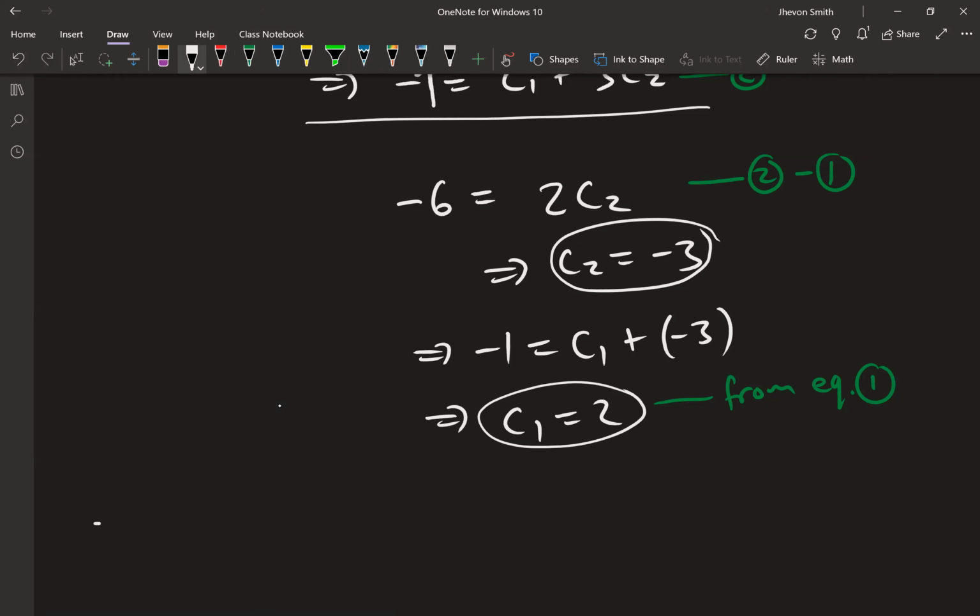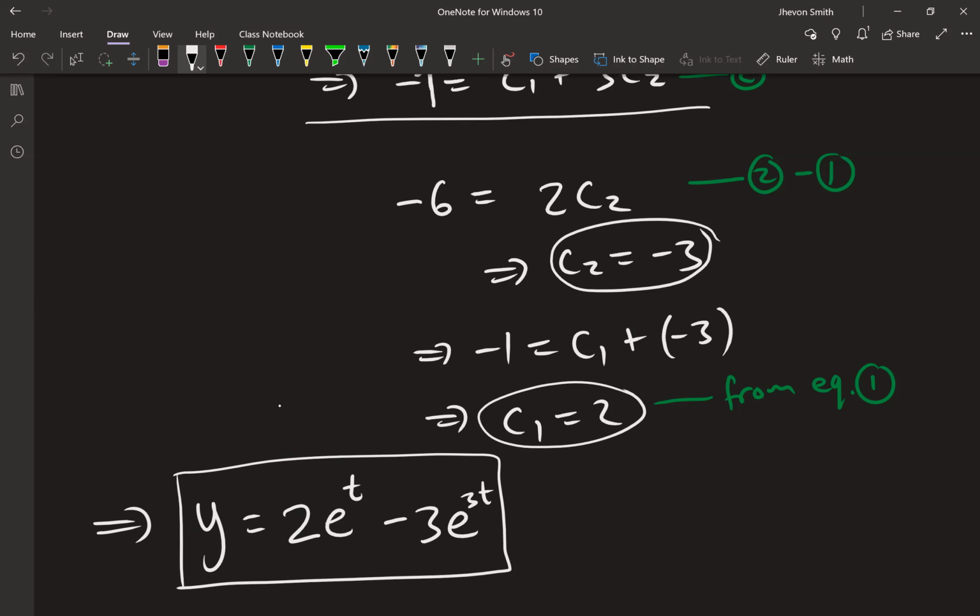So this means my y that solves this scenario is going to be 2e to the t minus 3e to the 3t. And this is what we call the particular solution, although we're going to use that phrase to refer to something else as well. And there we go.